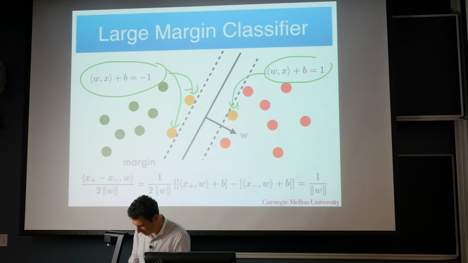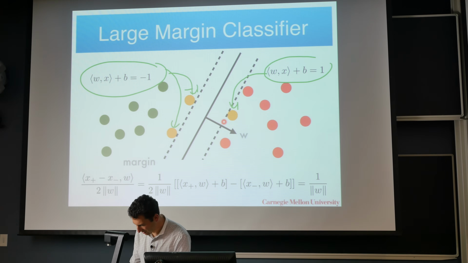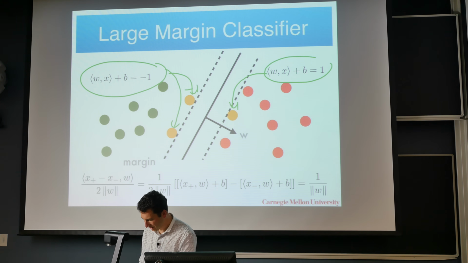So if you want to measure that size, that length, all you have to do is take the inner product between the difference x plus minus x minus and the unit vector in the direction of that hyperplane.